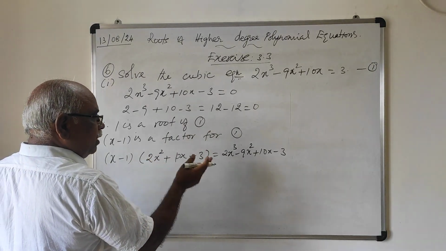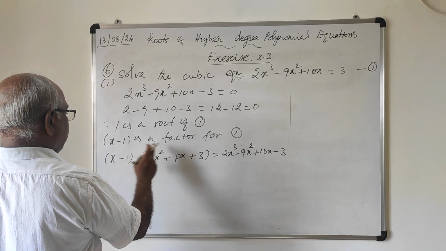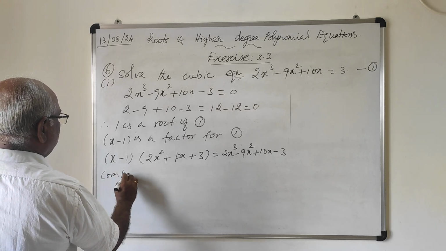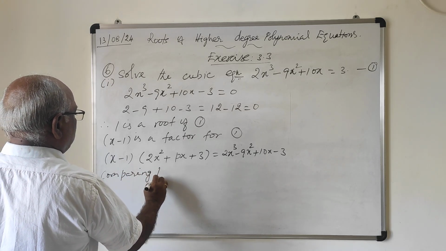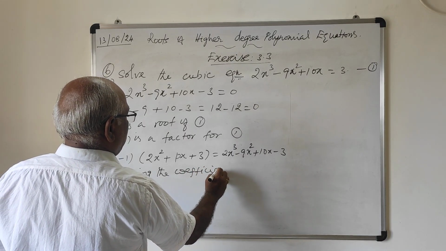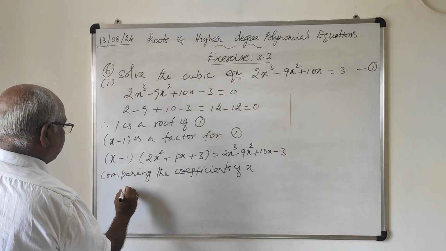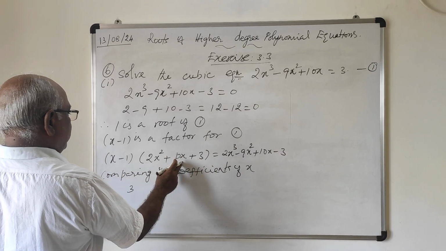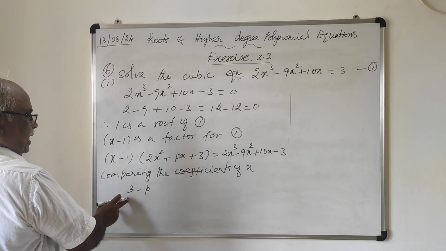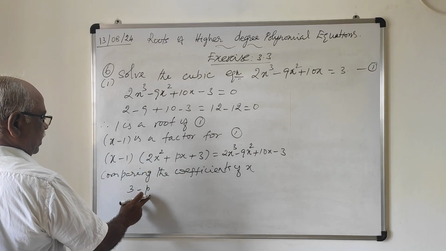Now, comparing the coefficients of x on both sides: 3 into x is 3x, coefficient is 3, and px into minus 1 is minus px, so the coefficient is minus p.